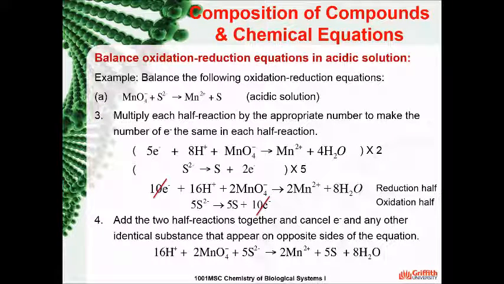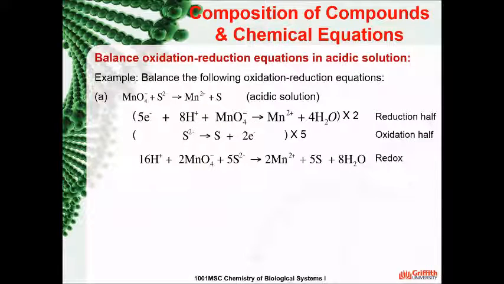The final balanced equation looks like this: 16H+ + 2MnO4- + 5S2- forms 2Mn2+ + 5S + 8H2O. This is the summary of the redox reaction.